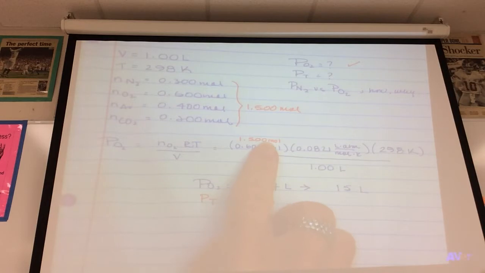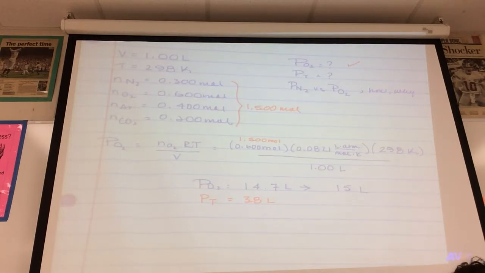Alternatively, you can do this times this over that. But I know this over this is 2.5. So 2.5 times what I had here will give me this pressure. But why did you divide by 0.6? I just wanted to figure out what the multiple was.